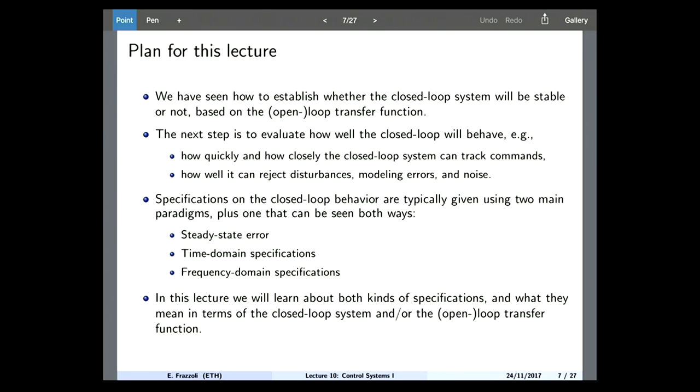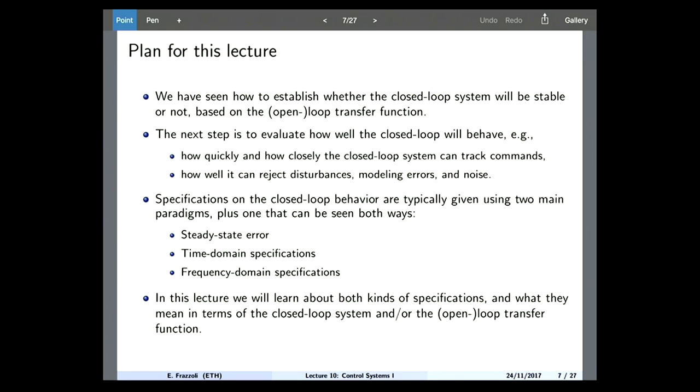Another kind of specification is called a frequency domain specification, and that says, I want you to track all of my commands up to a certain frequency. I will give you commands that are sufficiently slow, but I want you to track them up to a certain frequency, and then I can say, reject noise, and noise is something that happens at high frequency.